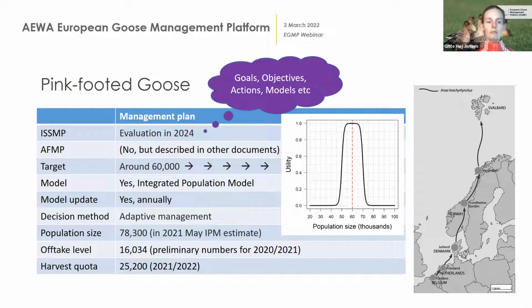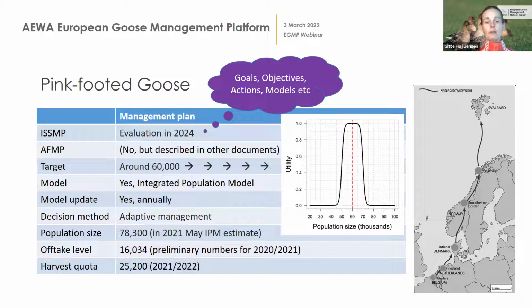Just a short status of the population. The current population size, or the latest one, was around 78,000, which is the May 2021 population estimate. The offtake level was around 60,000. It's a preliminary number because not all hunters have reported their hunting back, but more than 90% of the hunters have reported this time.